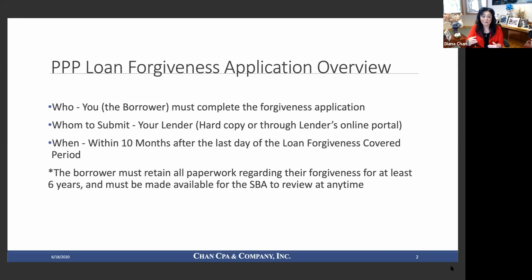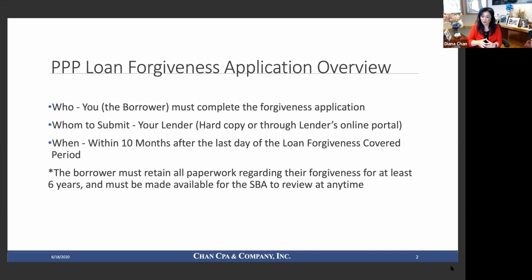You're going to have to submit it to your lender. It's either going to be a hard copy submission to your lender or on your lender's online portal. Many times, the lender will create online how they want the information to be provided. The information you'll be receiving will be structured based upon the SBA application format.